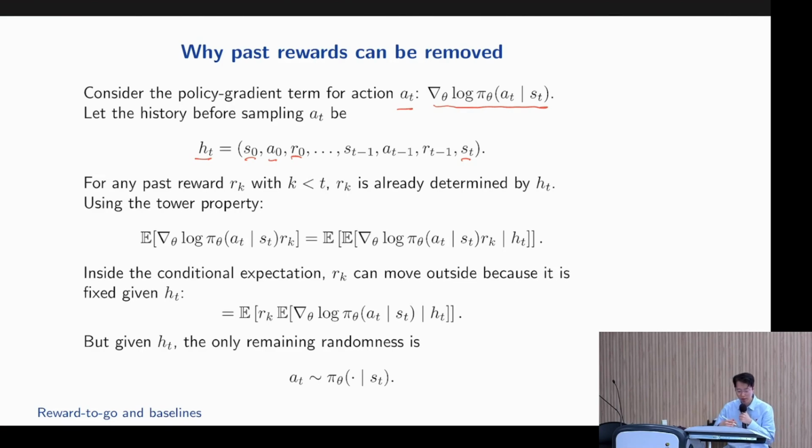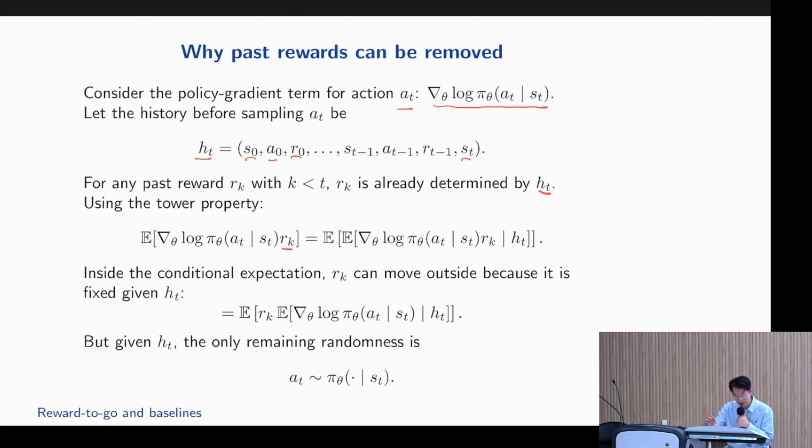For any past reward RK, already determined by HT, I'm going to look at this expectation: the expectation of the gradient log action probability weighted by this reward RK, which is fixed if you condition on HT.